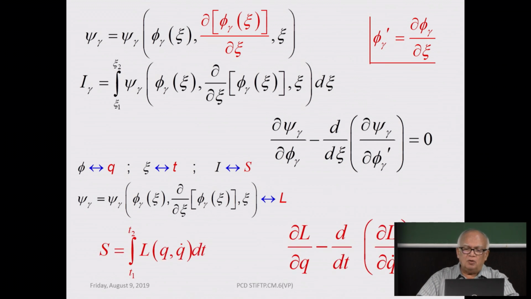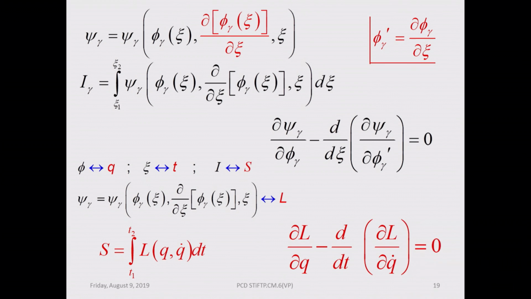So this is a general problem in variational calculus. The equation over here is known as the Euler-Lagrange equation.